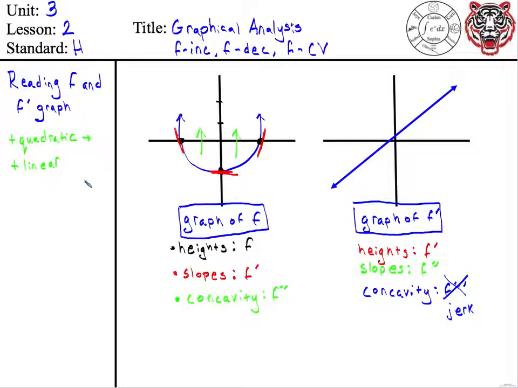So when I have this case, my f double prime, no matter what's going to happen, it'll either be 0 or it's going to be positive because I've stayed positive.